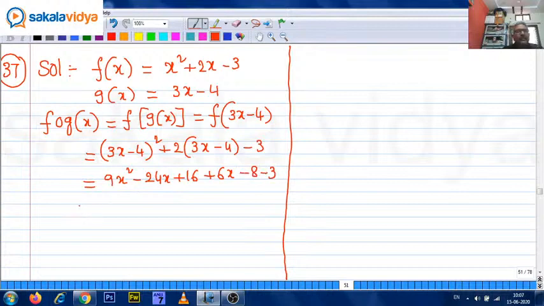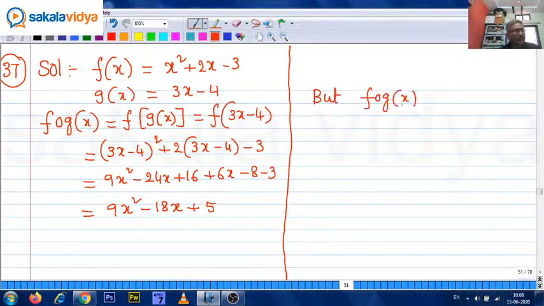So 9x square, minus 24x plus 6x is minus 18x, plus 16 minus 11, which is 5. But what is given? f circle g of x is given as 32.